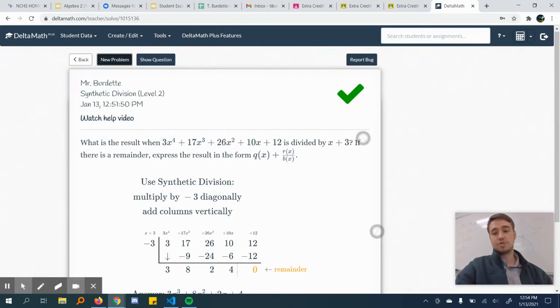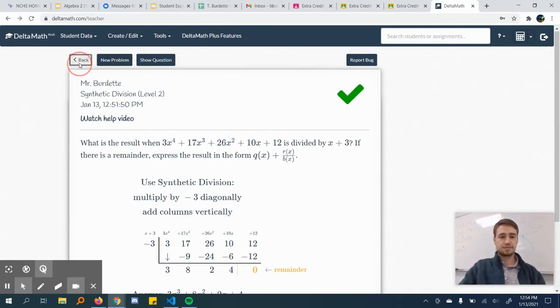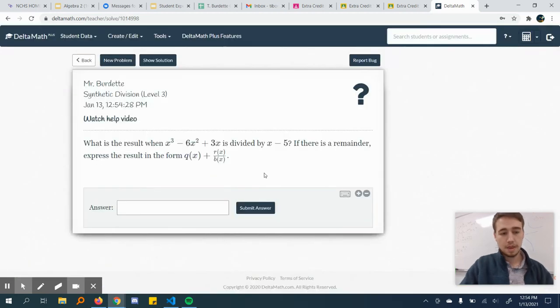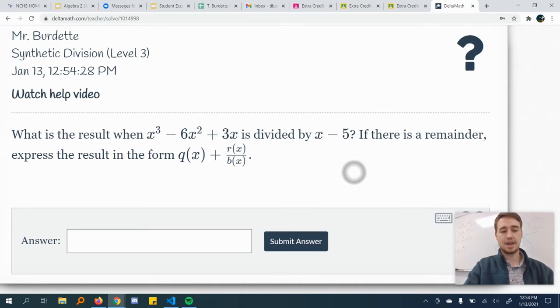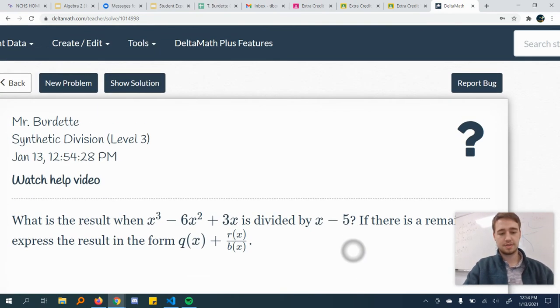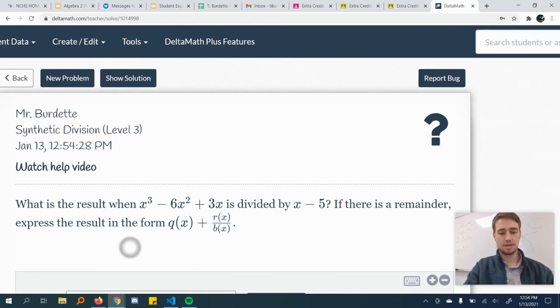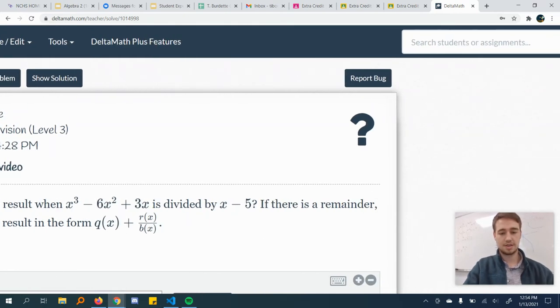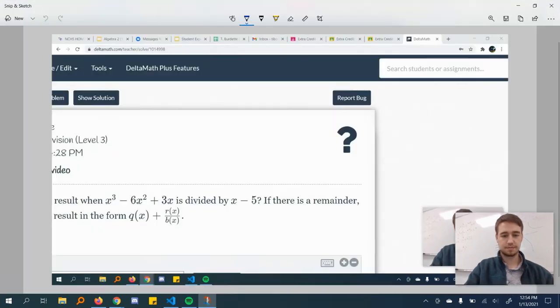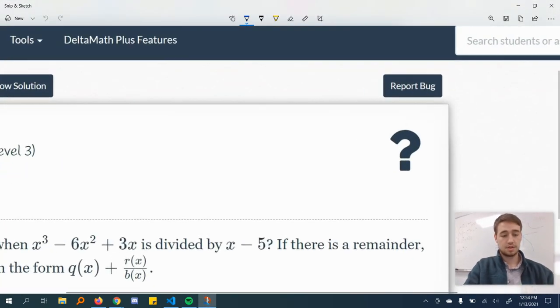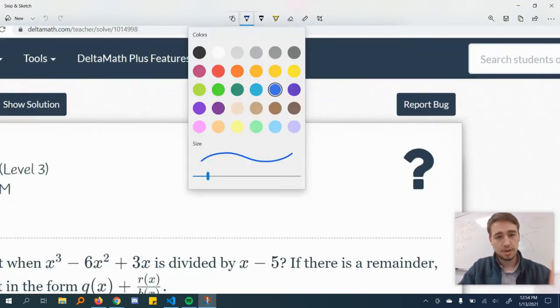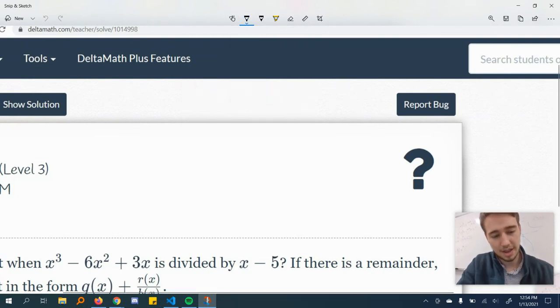So let's do one more of these examples, and then I'll have you do a couple. What's the result whenever this guy is divided by that guy? Let's go ahead and do exactly that. We're going to get another screen sketch, with the classic black pen.